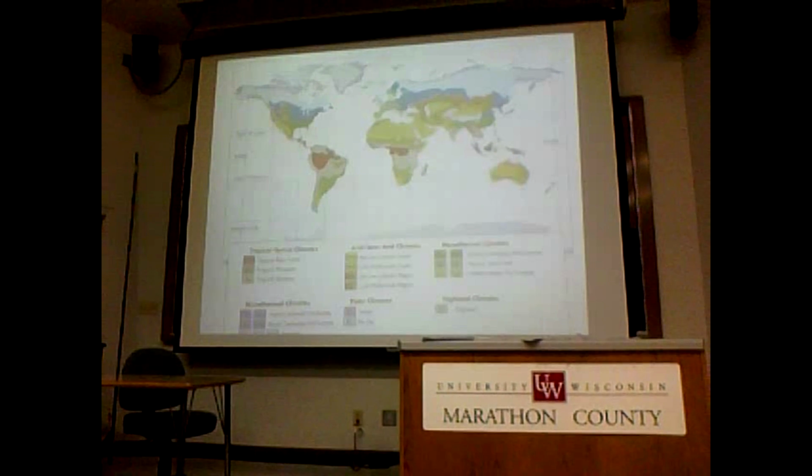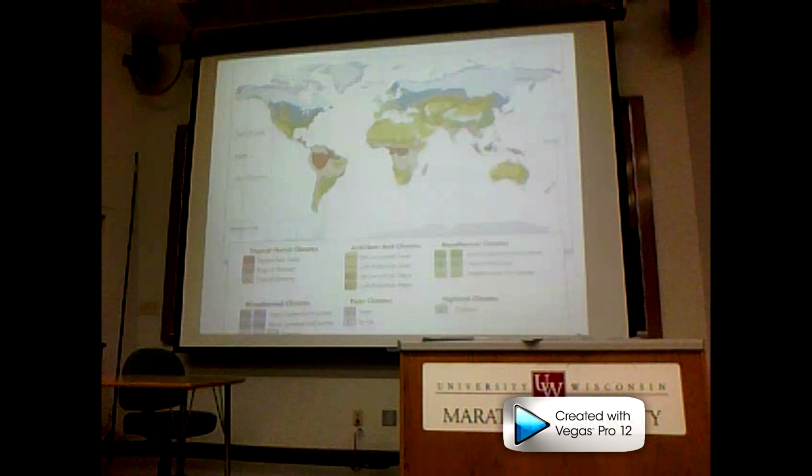Okay, so what differences do we have in the A? Again, the A climates are which climates? Temperature is always above 64 for the coolest month. So in all of these A climates, frost-free, no frost, no real winter.